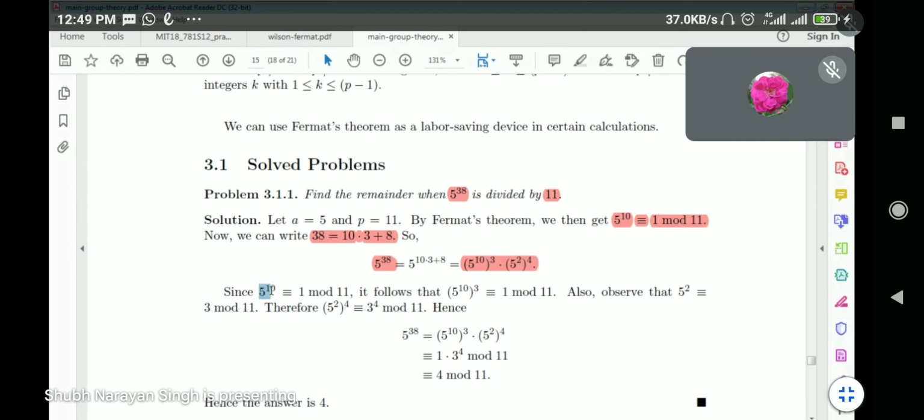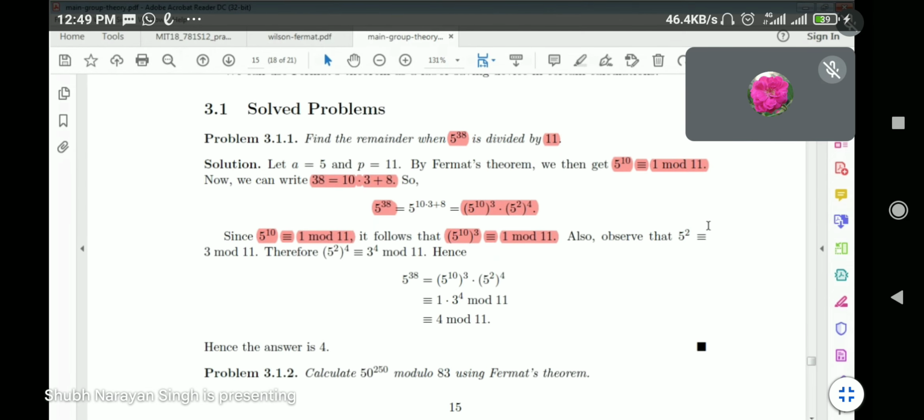Then using the basic property of congruence, we can see that (5^10)^3 is also congruent to 1 modulo 11. And we simply observe that 5^2 is congruent to 3 modulo 11.